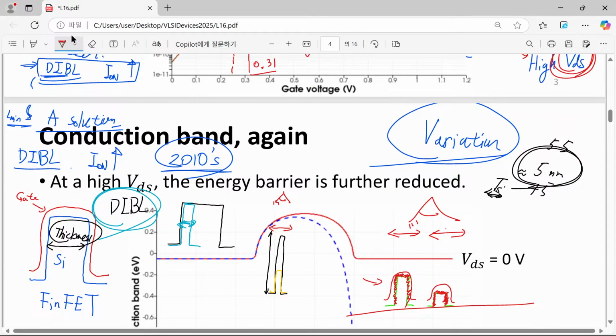But anyway, the trend was narrow and tall fin, and eventually we have arrived at the end of our fabrication capability to control silicon thickness. So now, even for the most advanced fab, we cannot control our fin thickness any further below a few nanometer scale.